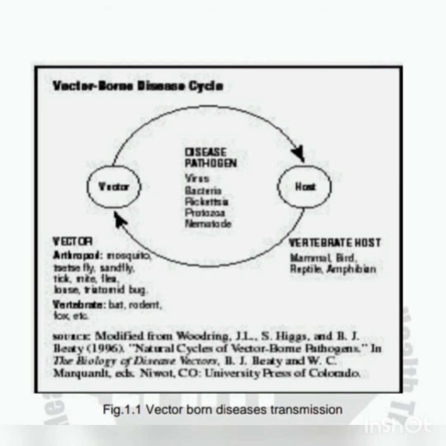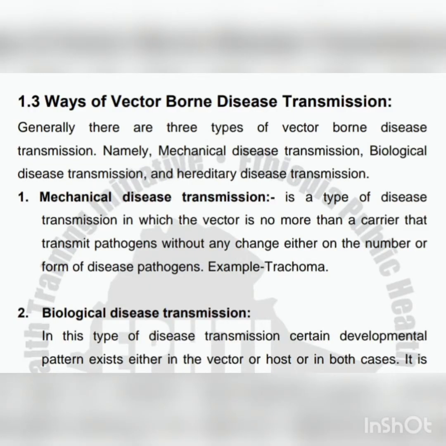Next, let us discuss the ways of vector-borne disease transmission. There are three main ways: one is mechanical disease transmission, second is biological disease transmission, and third is transovarian, otherwise called hereditary disease transmission. In mechanical disease transmission, the vector is just a carrier.